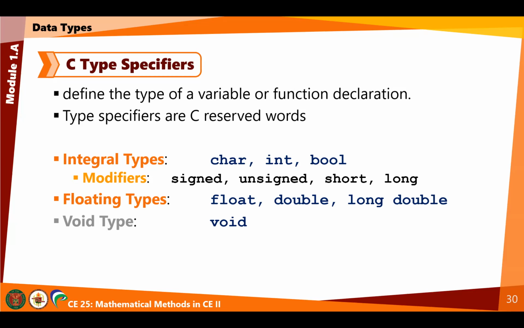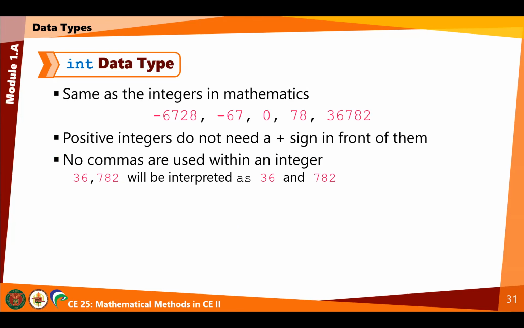So I just want you to appreciate and at least differentiate for now yung mga integral types and floating types, and at least have a knowledge of what the void type does, which is it just tells the process of a code, okay? More of that in the next modules. Ayan, int data type. Nga sinabi ko kanina. Ayan, integers lang siya.